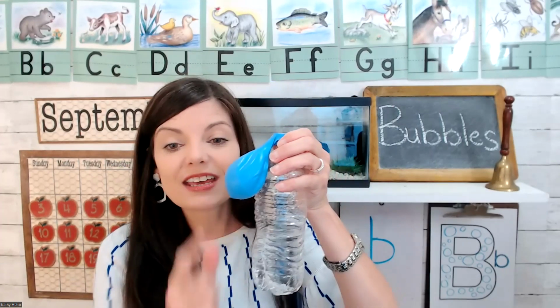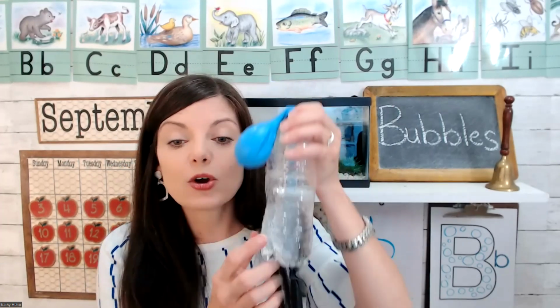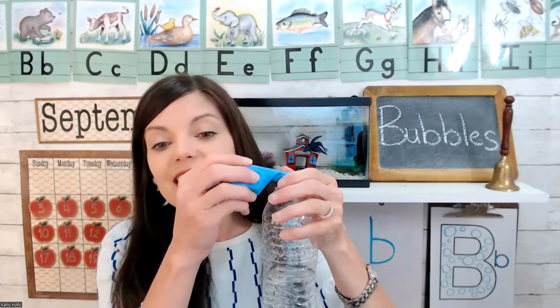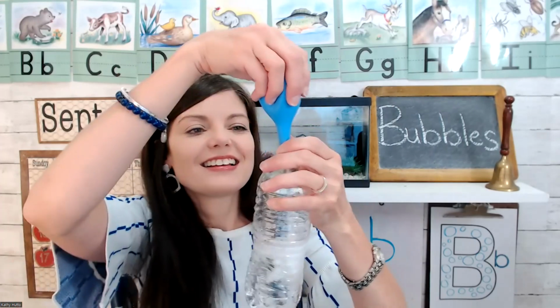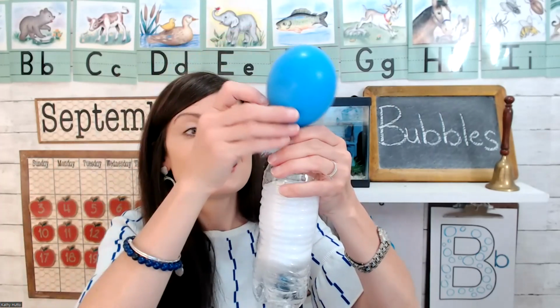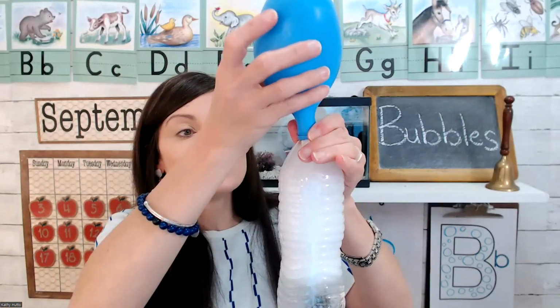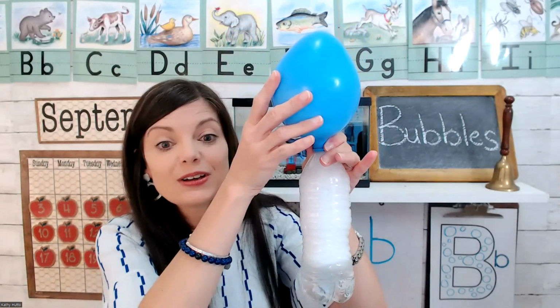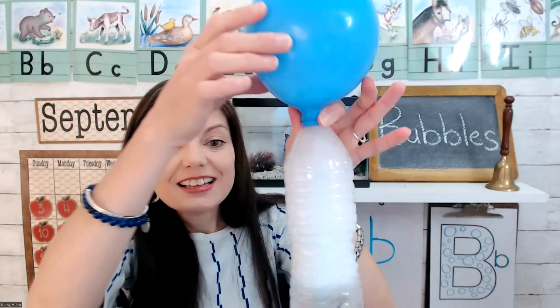Now I'm going to tilt this and I'm going to let the baking soda mix with the vinegar. And let's just see what happens. Ready? Okay. Whoa, look at all those bubbles. And look at our balloon. It's getting bigger. Do you see all the bubbles?